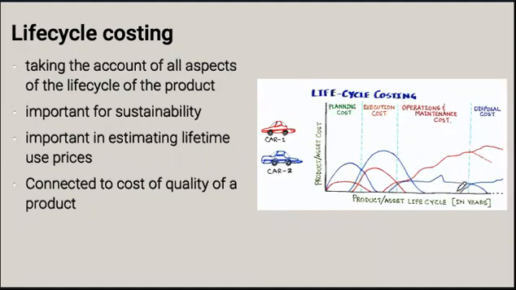And if you consider the life cycle costing as something that occurs over many years, the accumulated cost of use of the first car might be a lot higher than the accumulated use of the second car.